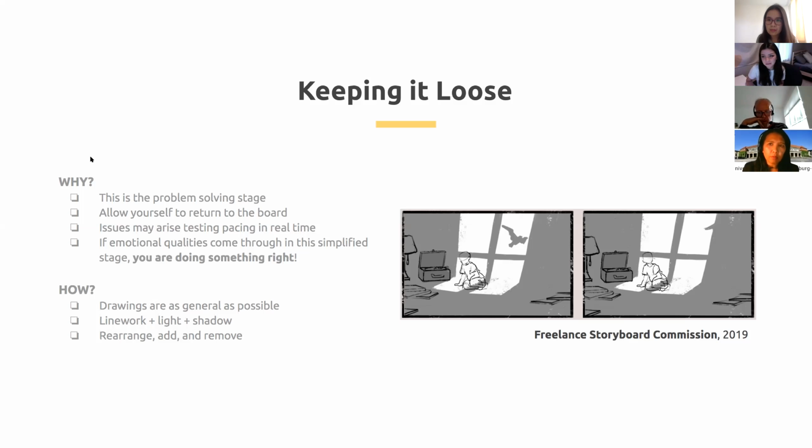So I'm curious, just as a group, were camera angles things that people used to associate with storyboarding before? Because I know that I didn't. Yes, no?